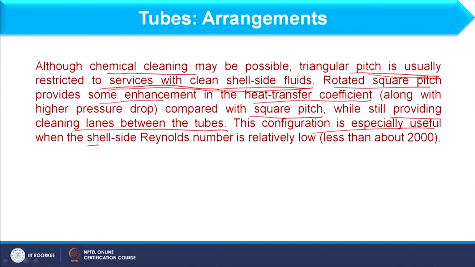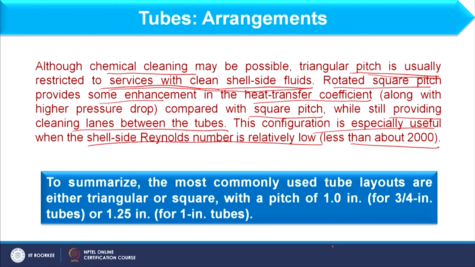However, due to the rotation we can get a larger heat transfer coefficient as required, along with a higher pressure drop. So, this configuration is especially useful when the shell side Reynolds number is relatively low, less than 2000. So, in that way you can consider different arrangements on the tube side in a shell and tube heat exchanger.